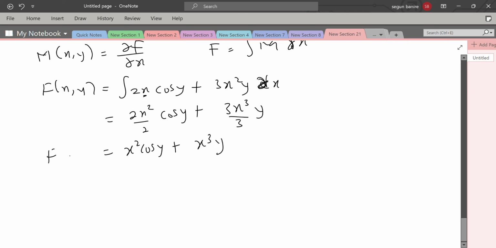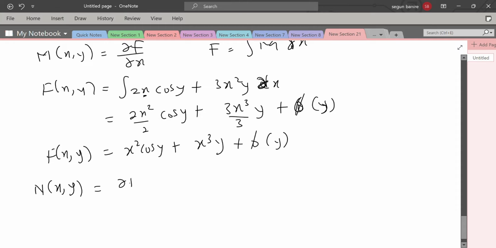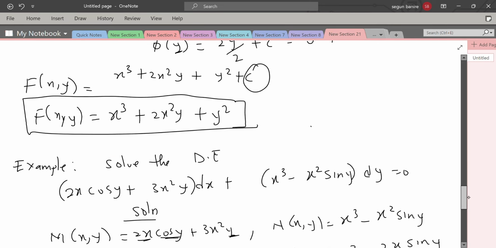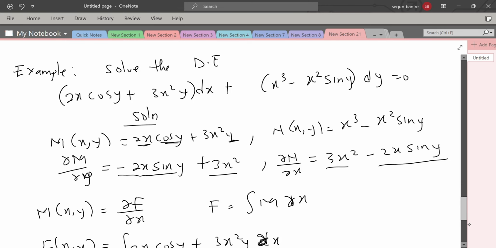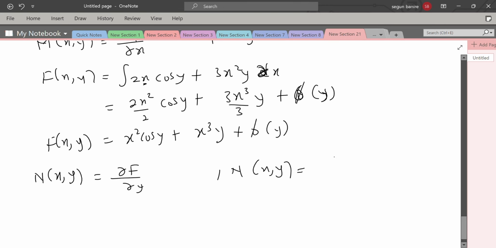When you integrate, you have to add your constants. The constant is a function of the other variable. So we need to find this constant. To do that, remember we said our N is the same as the partial derivative of f over y, and we know what our N is from the question. Our N is x cubed minus x squared sine y.